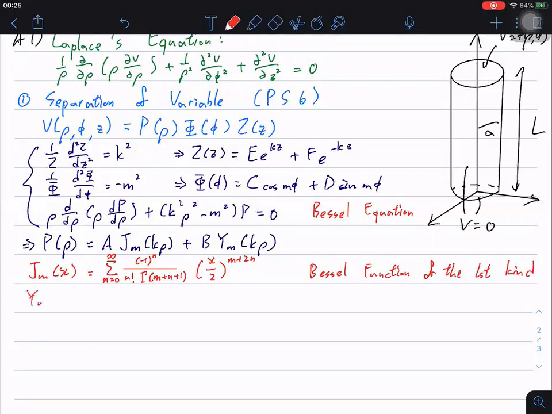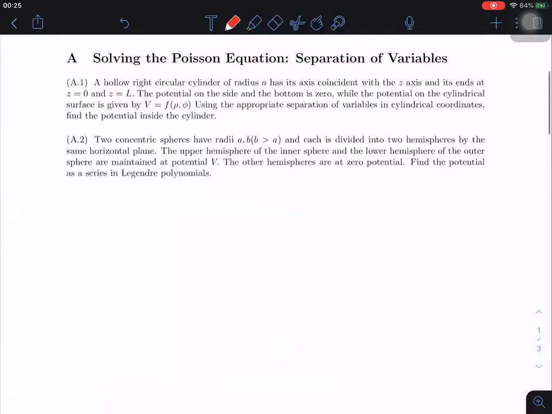And for the second one, another linearly independent solution is also constructed from the Bessel function of the first kind, as this.